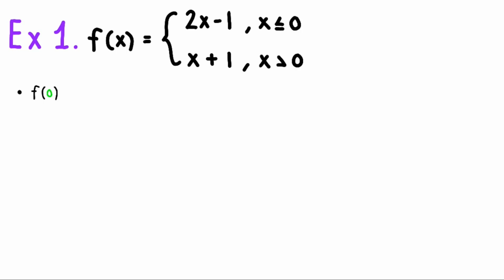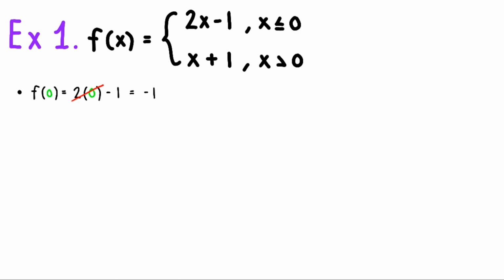To do this, we'll use this part here, since x is less than or equal to 0, and x equals 0 is in this interval. So we'll have 2 times 0 minus 1. 2 times 0 is 0, and so we're left with negative 1. This is the value of f of 0.